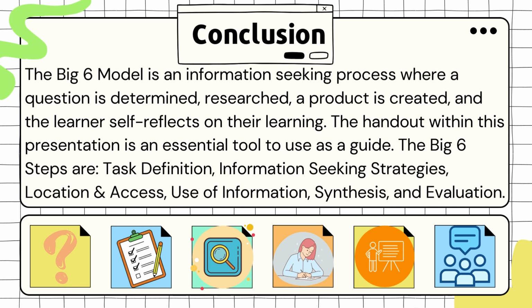Just a reminder, the big 6 steps are task definition, information seeking strategies, location and access, use of information, synthesis, and evaluation. Now that we have gone over this lesson, it's your time and it's your turn to get to work.